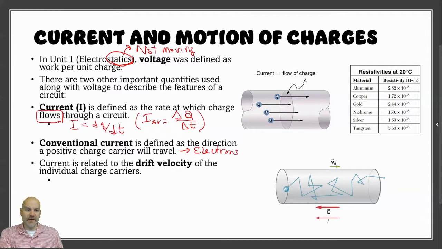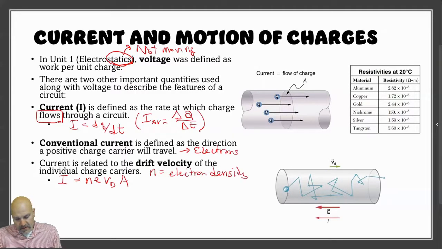Drift velocity is related to current in the equation I equals N e v sub d times A. Let's define some of these variables. N is what we call electron density, so it's electrons per cubic meter.